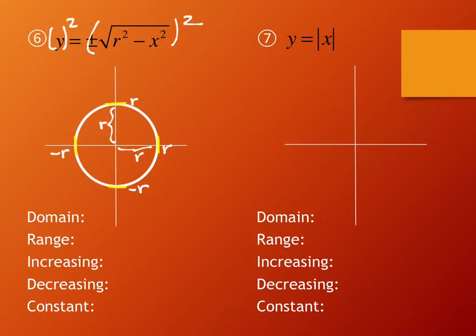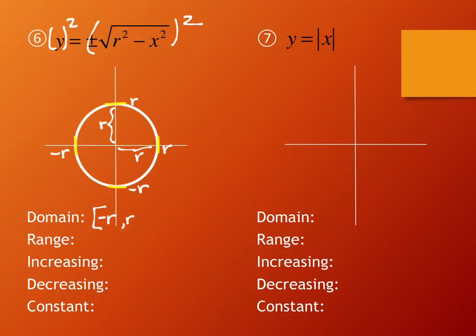All right, domain, moving from the left to the right. What's my domain? Where do I first start seeing x values? At negative r. And I have a bracket there because I see them right at negative r. And how far do I go before I stop seeing x values?